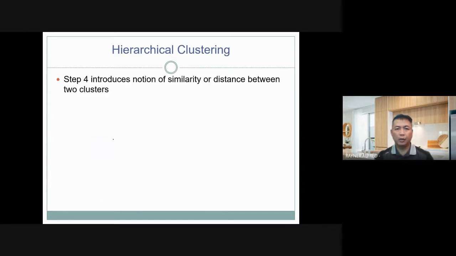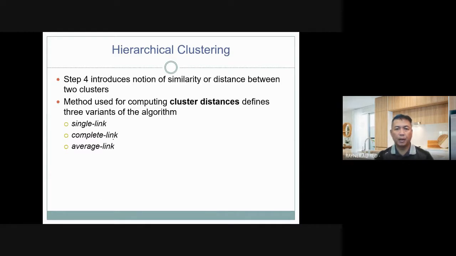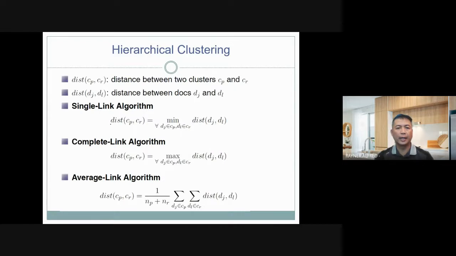Let me show how it works here. For this one, we have a few variants also. It depends on the distance between the clusters. So we have 3: single link, complete link, and average link. And basically this is the formula.